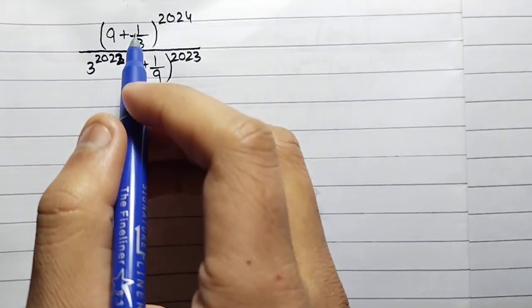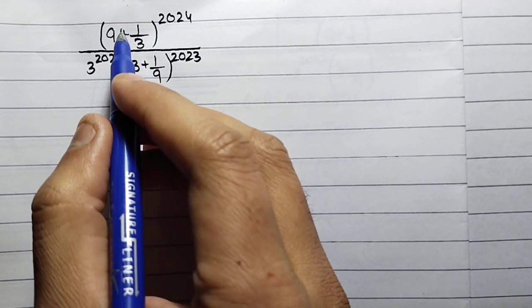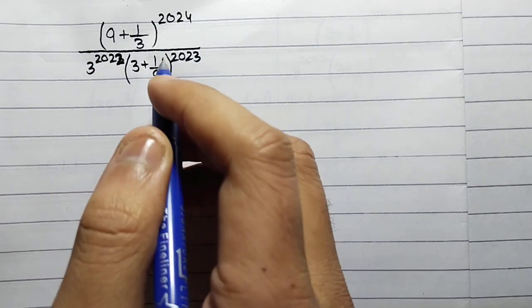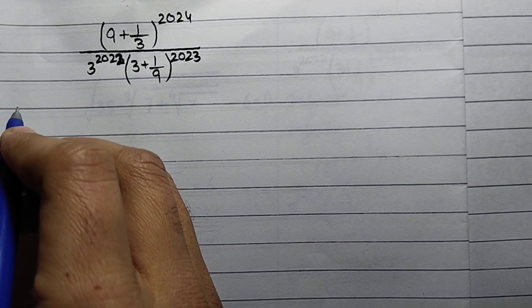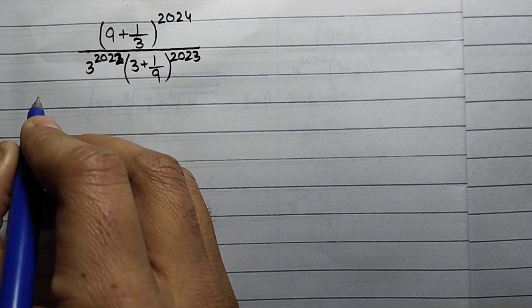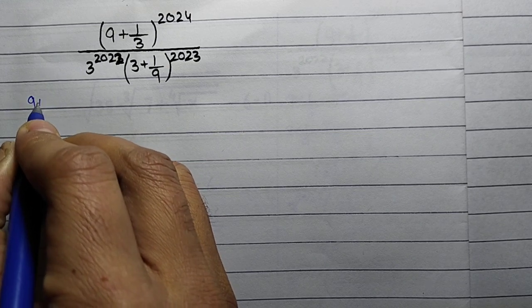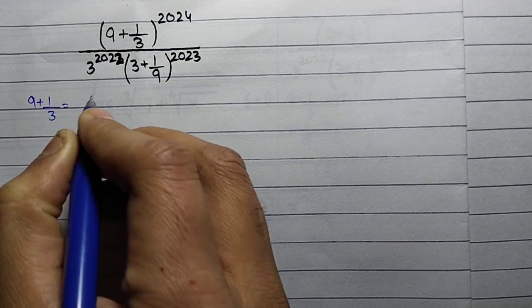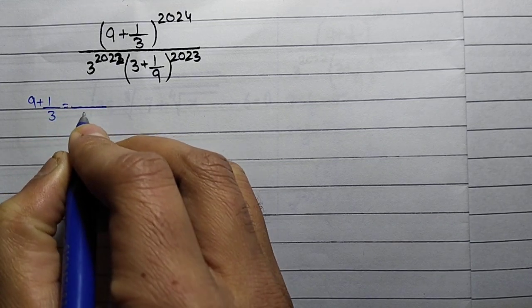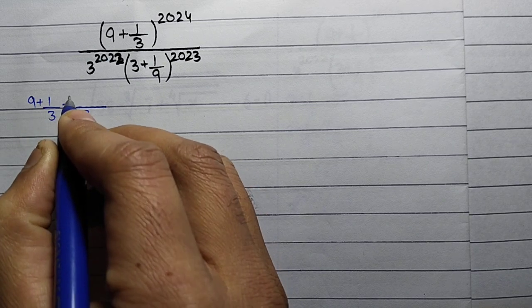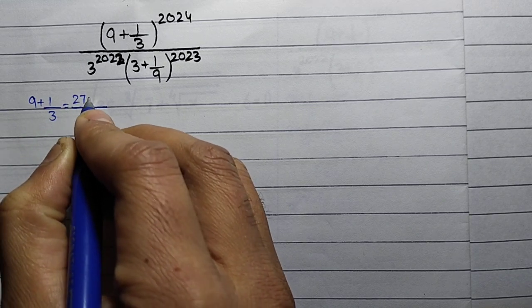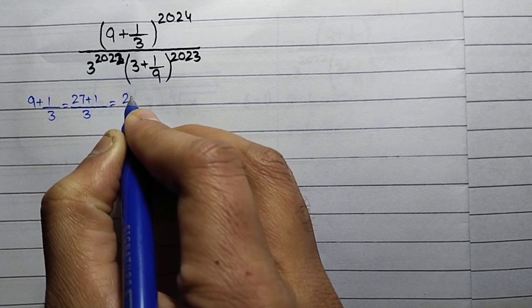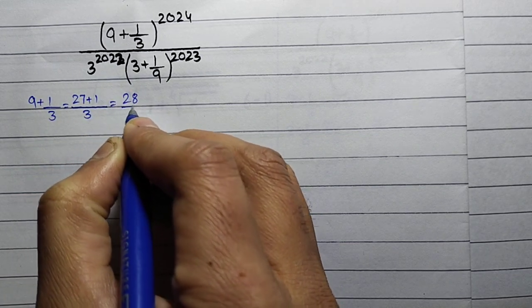To keep this question simple, I will solve these fractions in the first step. So we can write 9 plus 1 over 3 equal to, this fraction can be solved like this. 3 is the LCM, 9 3s are 27 plus 1 1s are 1, it is equal to 28 over 3.